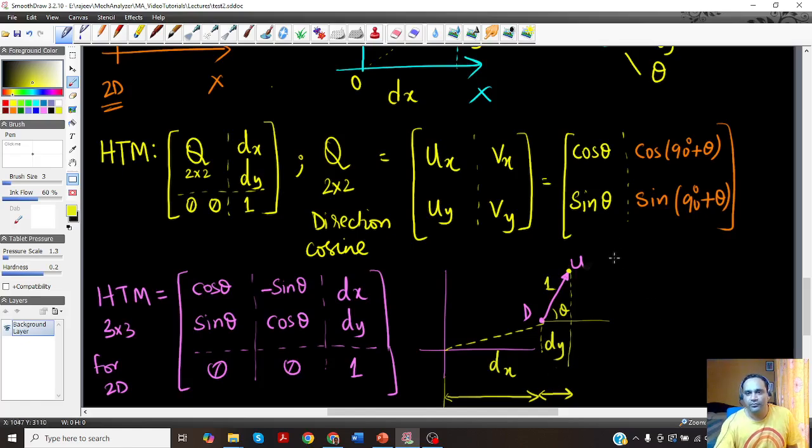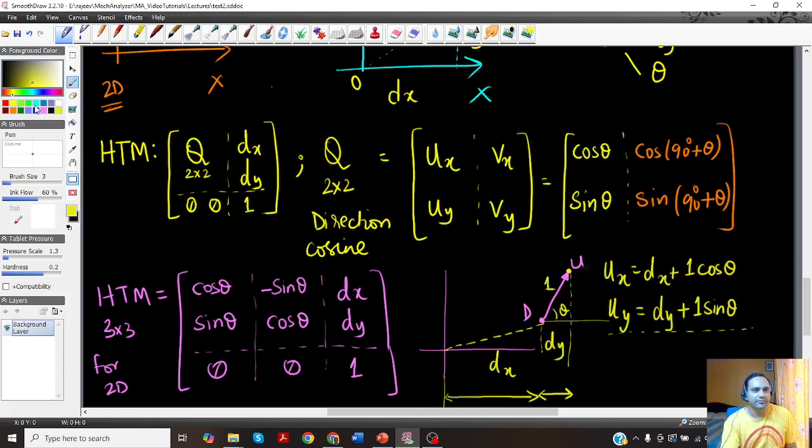Okay, so Ux is going to be dx plus 1 cos theta. Similarly, Uy will be dy plus 1 sine theta. This part, this is 1 sine theta. Okay, so we have got this.